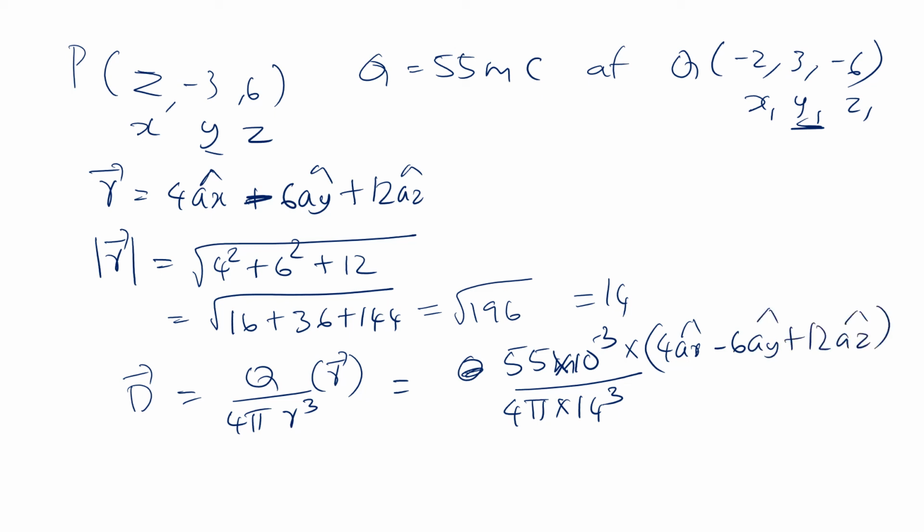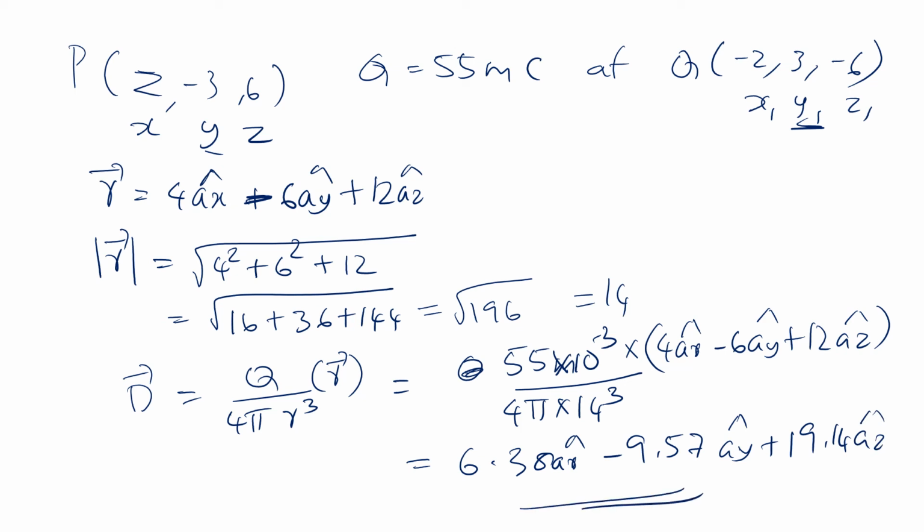So if you simplify this one, you will get a value like 6.38 ax cap minus 9.57 ay cap plus 19.14 az cap. So this is the final expression for D. Okay.